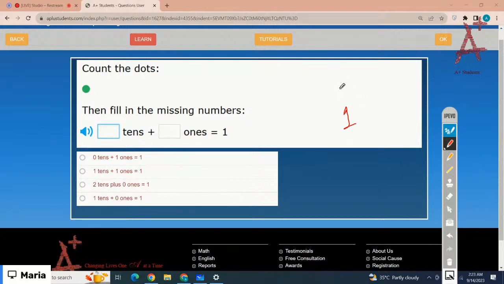That means you have only one ones. You have no tens, 0 tens and 1 ones, right? So which option is the correct one? 0 tens and 1 ones. That would be option number 1 is the correct option. Very good.